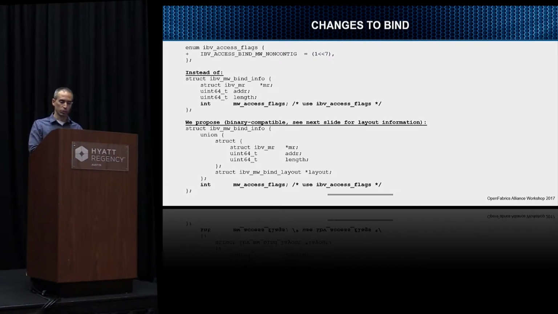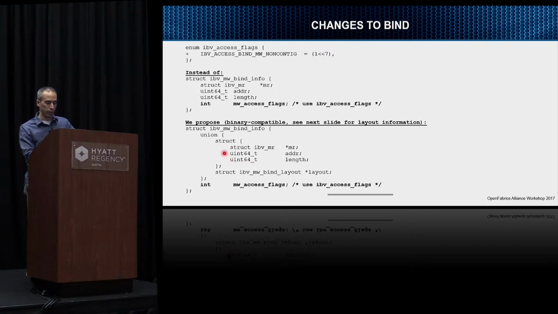Jumping ahead to the main function, which would be the bind. The bind today includes the memory window bind info. It includes these parameters that are written in this nameless structure: the memory region that is being used, the address and the length, that's the actual window that we would like to open from the memory region.